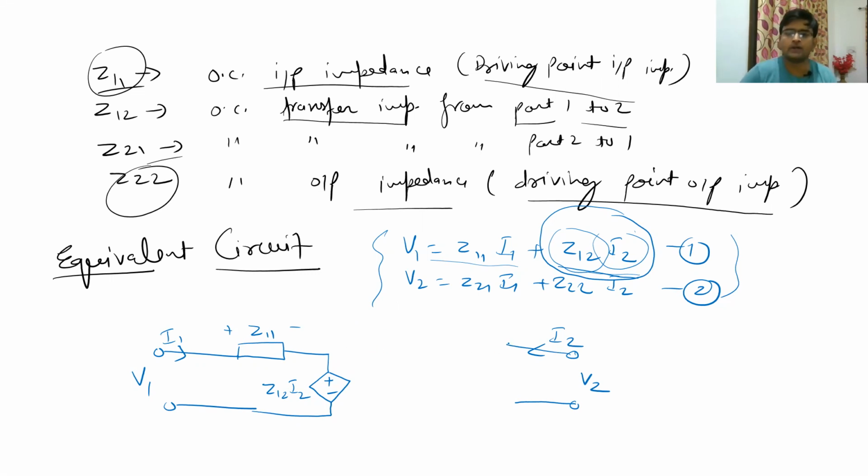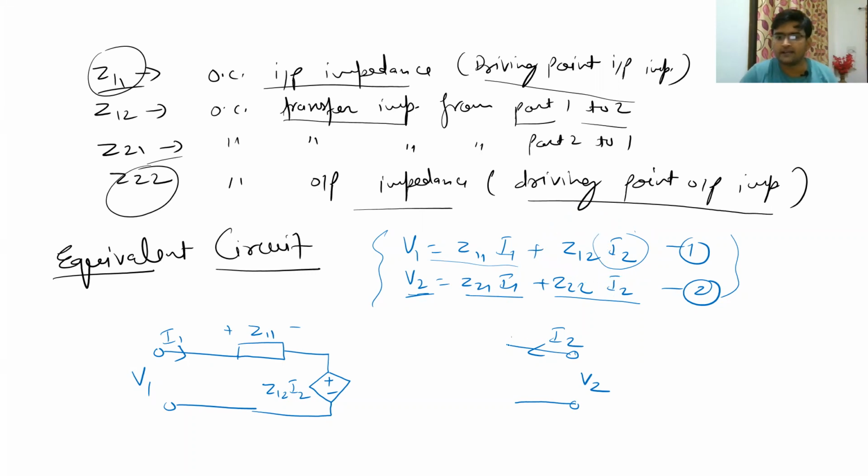Similarly, if you draw the output side, in this particular network, V2 is equal to Z21 into I1. This Z21 into I1 term depends on the input current I1, so let us leave it for now. We are going to see this Z22 into I2.